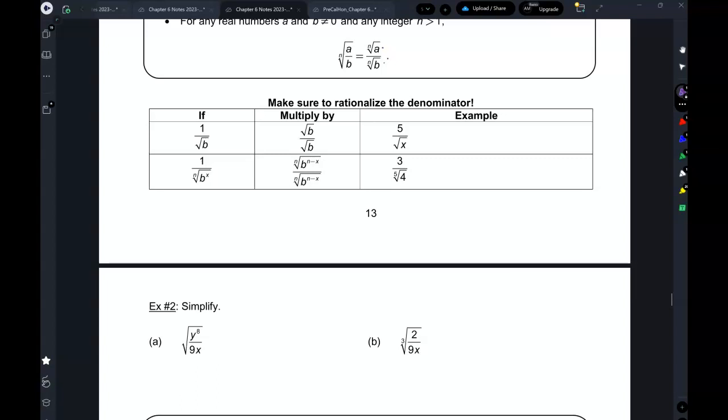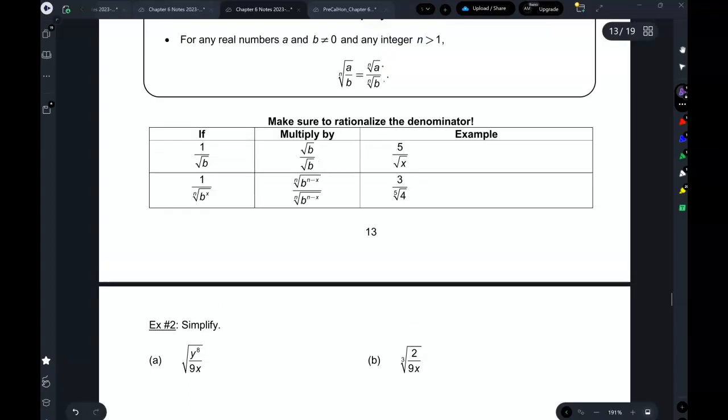So when you have this 1 over root b, you have to multiply top and bottom by root b over root b. So for example, if you have 5 over root x, you have to multiply the top and bottom by root x. So now I get 5 root x over x.